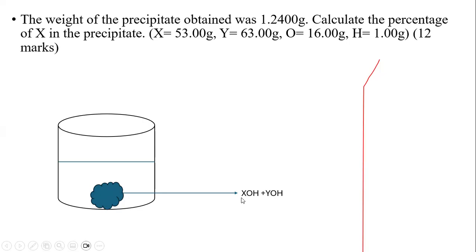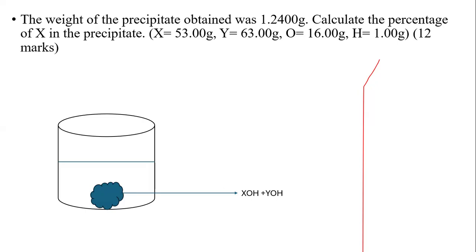To find the weight of XOH, you have to know the number of moles, right? Then if you know the number of moles, you have to multiply with the molecular weight.